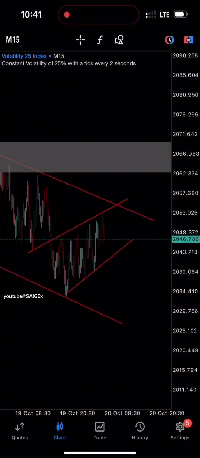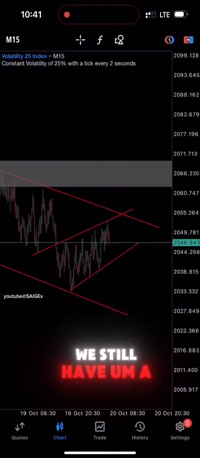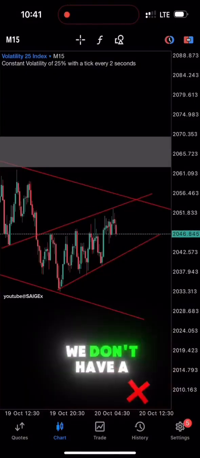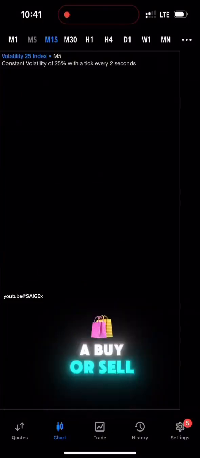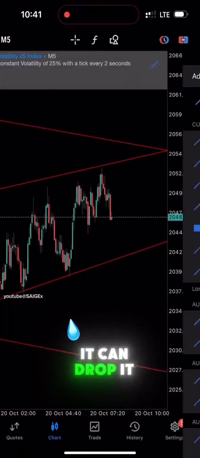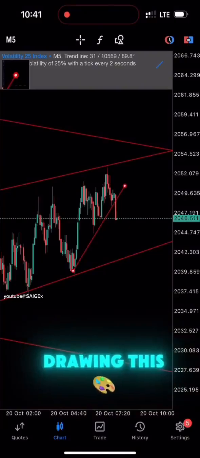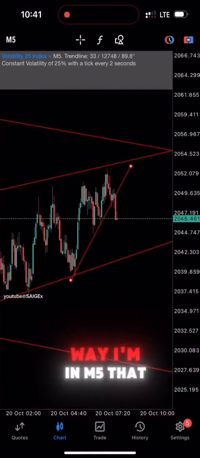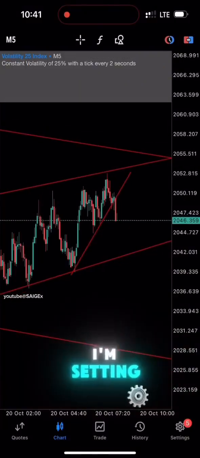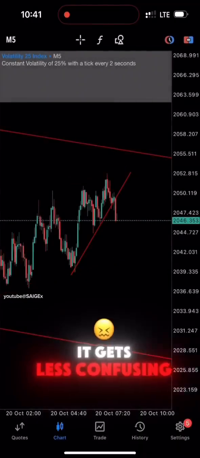Anyway, so upon doing this, we still don't have a definite answer if it's a buy or sell, because at the end of the day, it can drop, it can also buy. But after drawing this, that is the only way in the M5 that I'm certain. Let me delete the trend so that it gets less confusing.